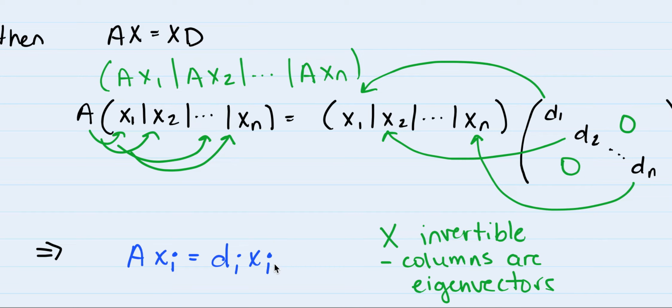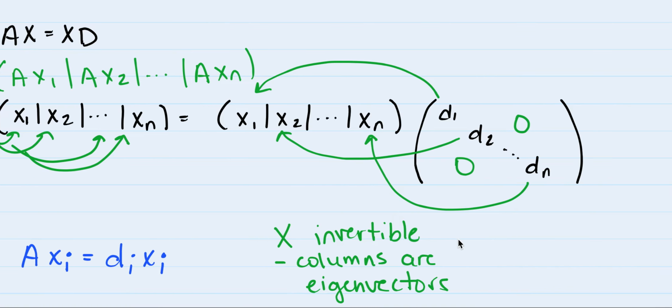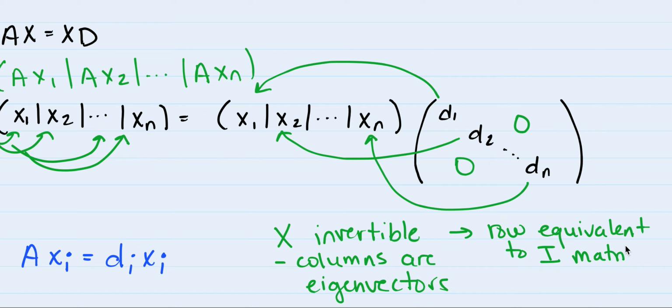And because the matrix is invertible, remember that the matrix is row equivalent to the identity. So since X is invertible, that means it's row equivalent to the identity matrix. And what does that mean? That means you can get X into reduced row echelon form, and when you do that, it's going to just have a bunch of ones on the pivots.